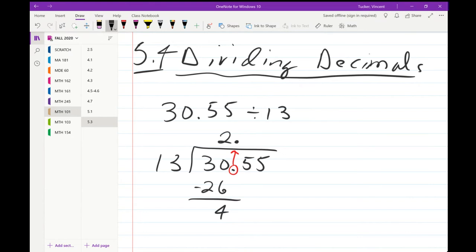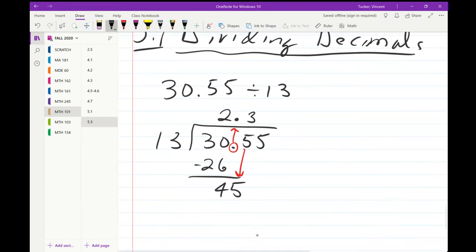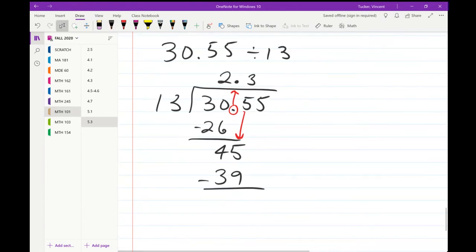And then you bring down the next digit, which is 5. So 13 goes into 45 3 times. That's 39. 45 minus 39, 6. Bring down 5.